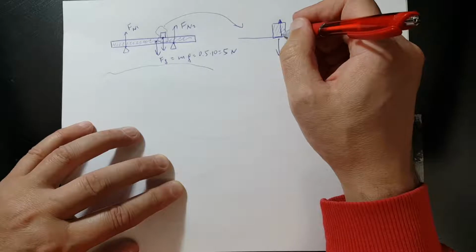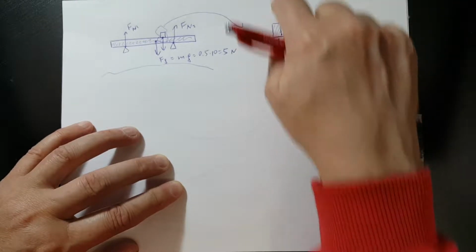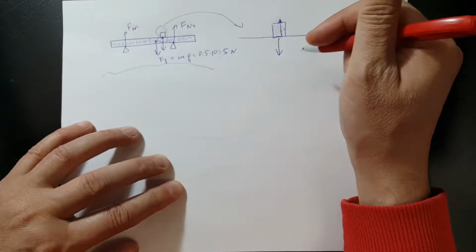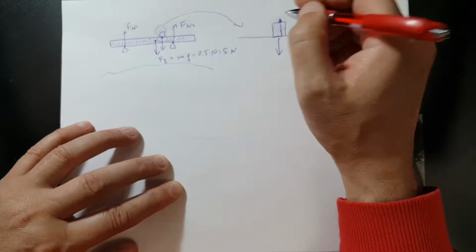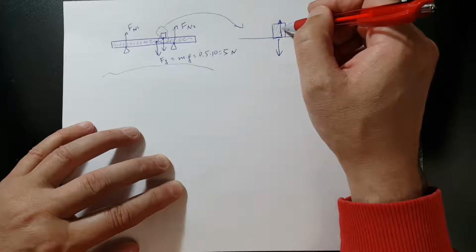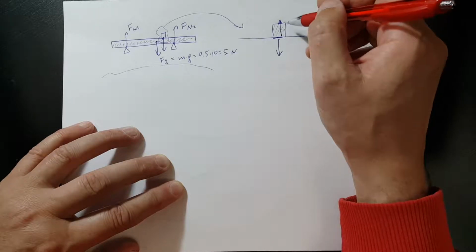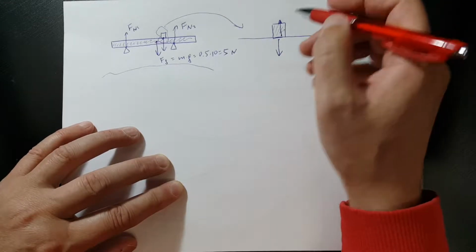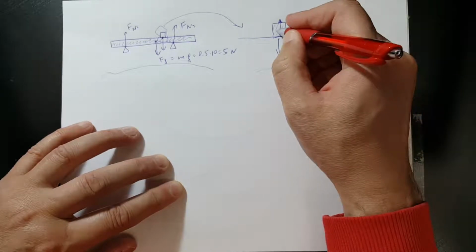If we had only one force acting on this object, it would speed up, flying away. That's not happening because this object is also in equilibrium. That means there has to be another force acting on it. That, of course, is again the force of gravity.